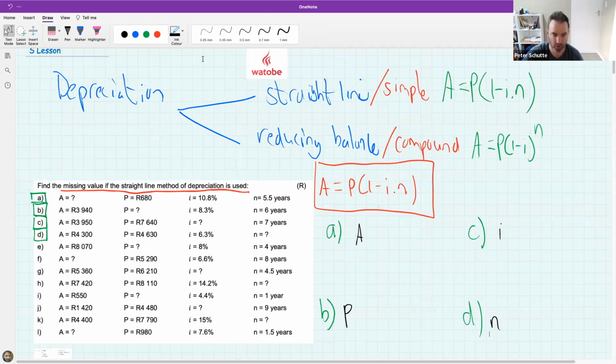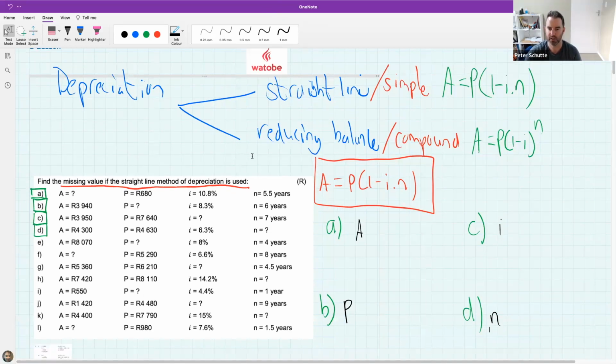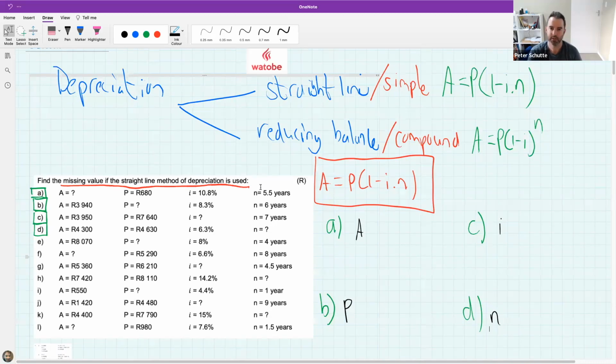And if you would like to ask a question, you can just raise your hand and we can talk about that. But otherwise, see what you can do based on the previous lesson.